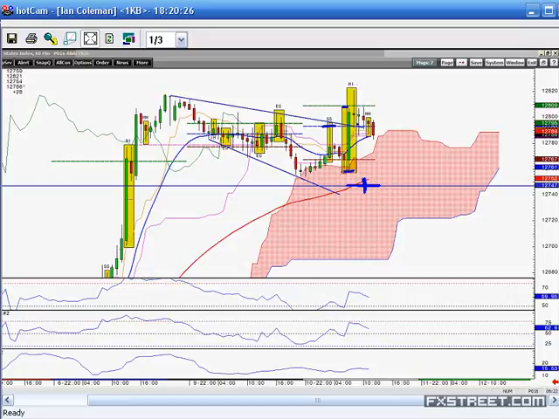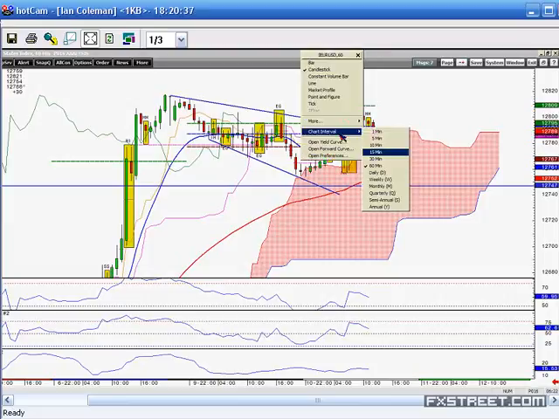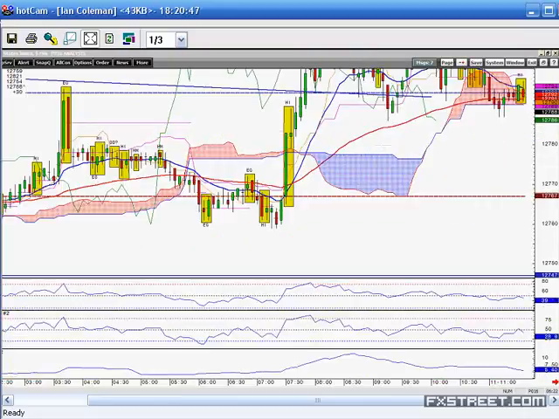I didn't even look to short time frames to see if we can have a look now to see if we've got any bullish signals off the cloud. Let's have a look. There's none there on 5 minutes.